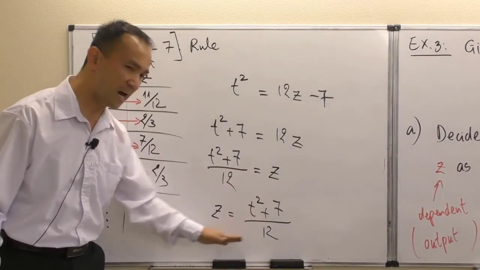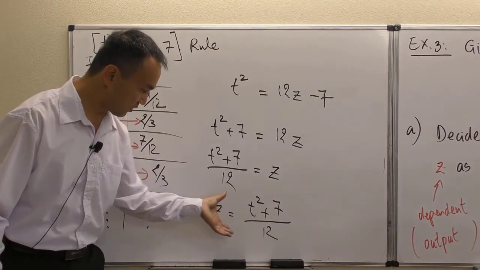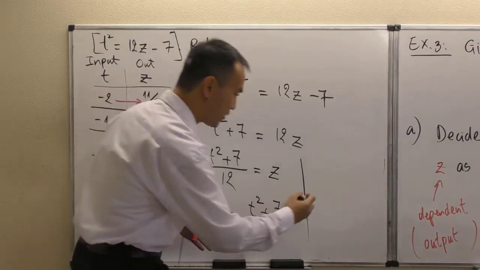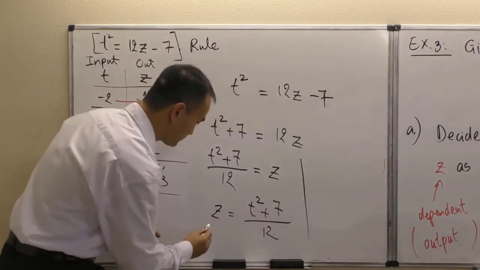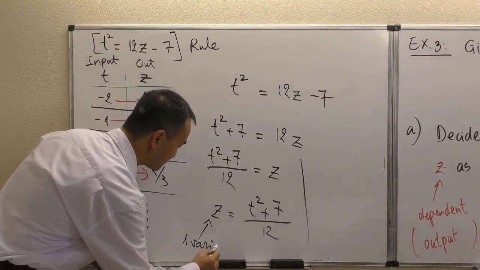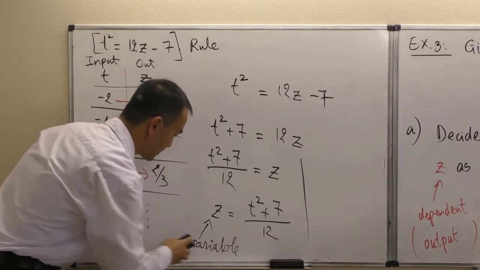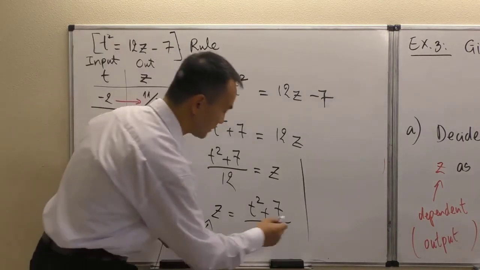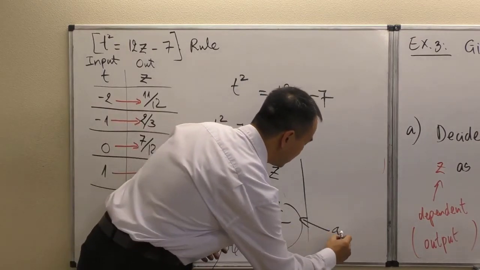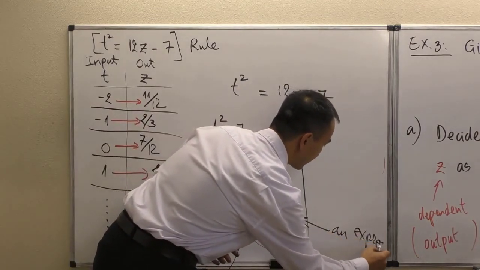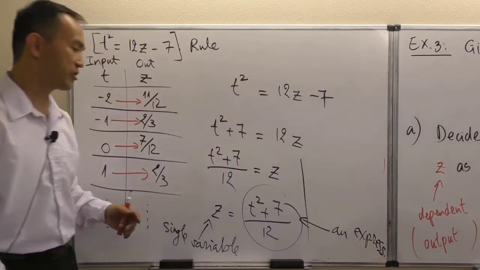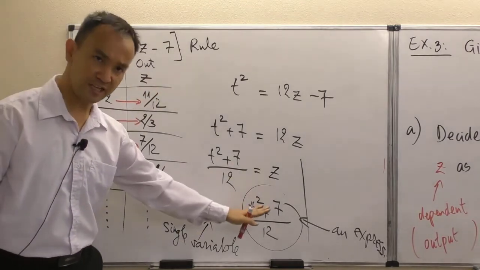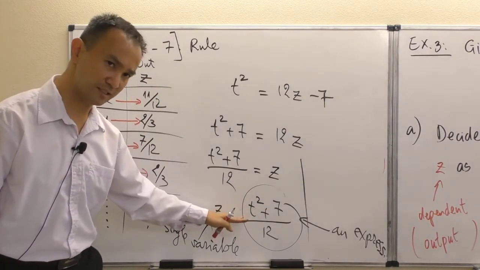Once we have arrived at that, the way I see it, rewriting your equation in a way where there's a single variable, and then here an expression of the input and one variable for the function that we desire, can guarantee that for each input there will be exactly one and only one output.